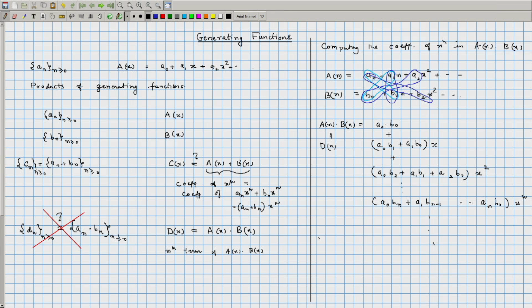So, Dx can be written as the summation of di x raised to i, where di is equal to the summation, k going from 0 to i, of ak times b i minus k.